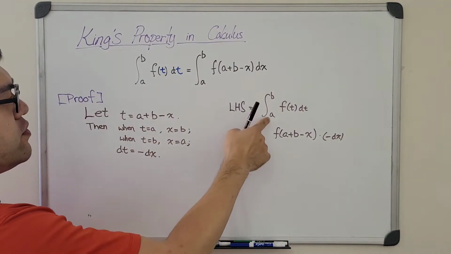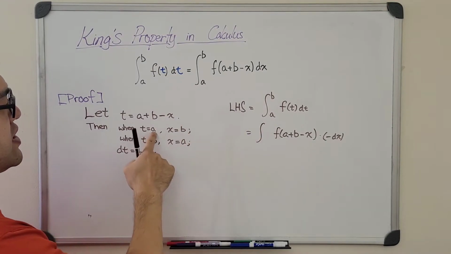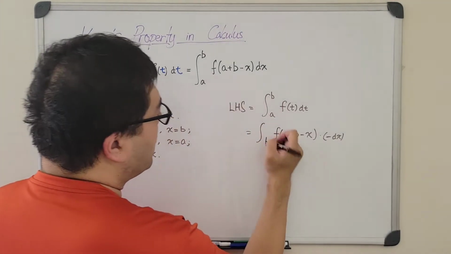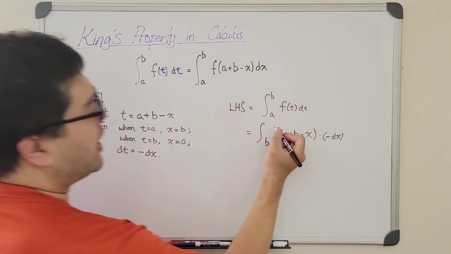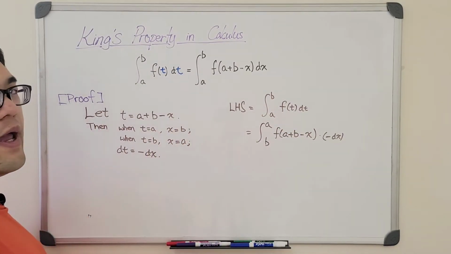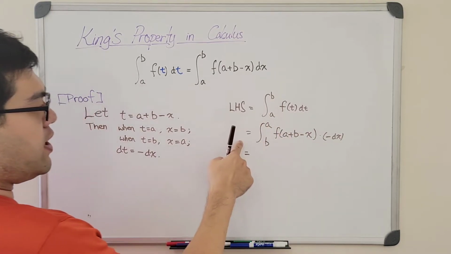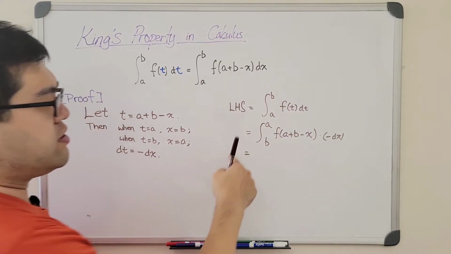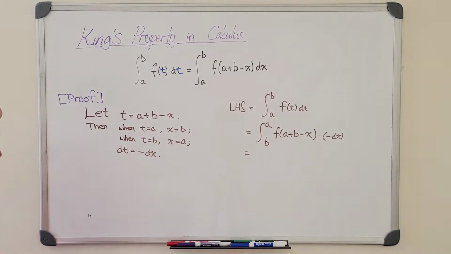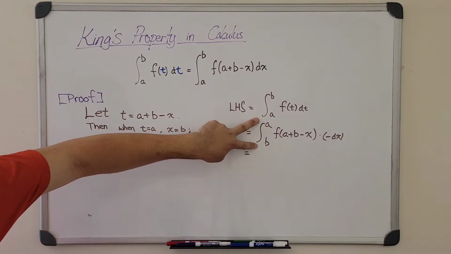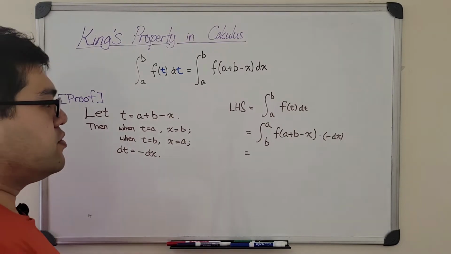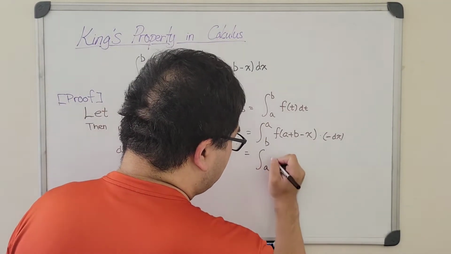And then for the lower bound a, we said that it becomes b. For the upper bound, it becomes a here. And finally, since we have a negative, we can pull it out and use the third part of the fundamental theorem that says we can just flip the upper bound and lower bound to get this.